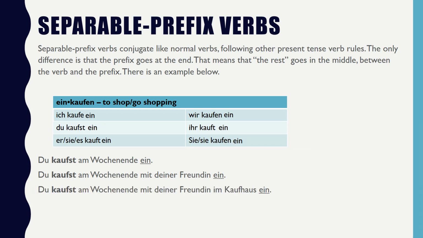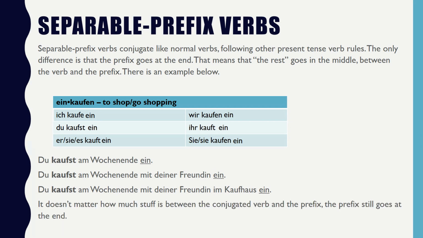Now we have Du kaufst am Wochenende mit deiner Freundin im Kaufhaus ein. You are shopping on the weekend with your friend in the department store. Note kaufst is still in the second position and conjugated for du, and ein is at the end. It doesn't matter how much stuff is between the conjugated verb and the prefix, the prefix still goes at the end.